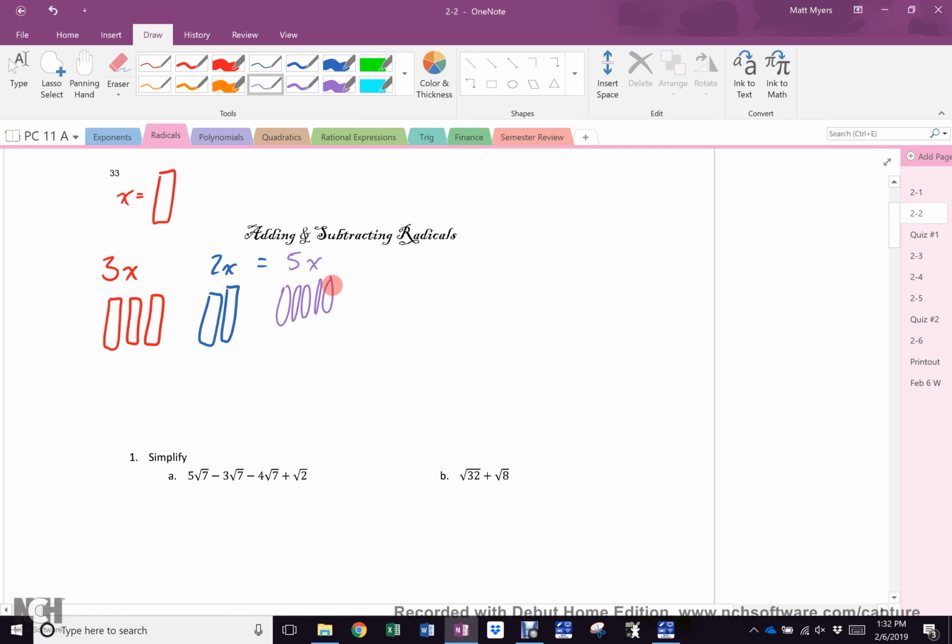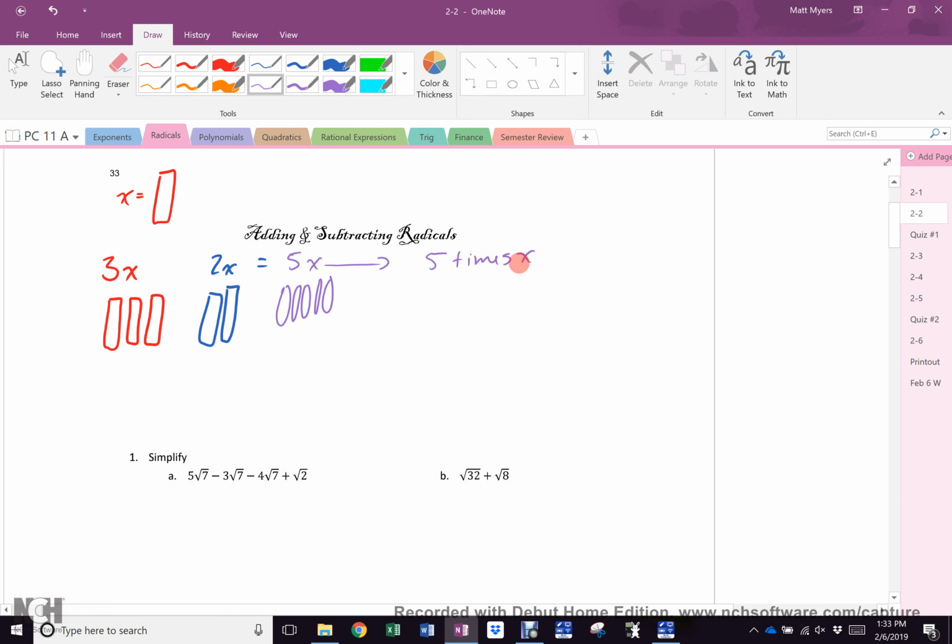Now, in math, if you were to take this purple expression and read it to me in English, what would you say? Just tell me that in English. 5 times x.